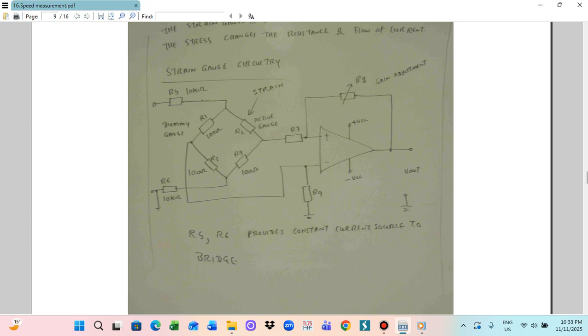The operational amplifier's sensitivity determines the value of the resistance component. We want a constant current source, so we provide R5 and R6, and by providing R5 and R6 the bridge will receive a constant current source. So this is the strain gauge circuitry.